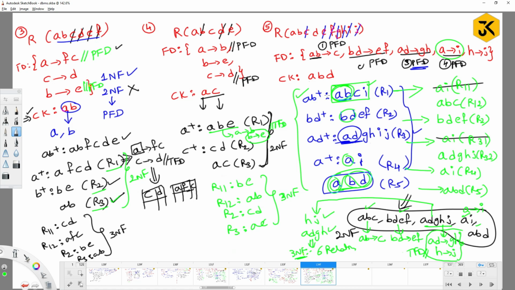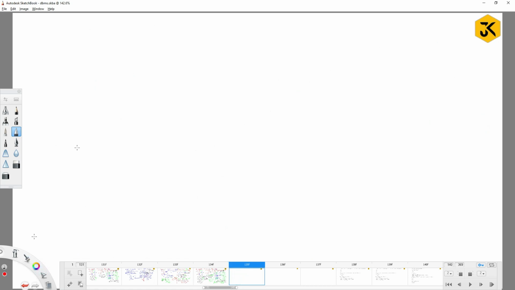This 3NF also cannot compete when you have more than one candidate key. When you have more than one candidate key, sometimes it may work, it may not work. That's why we are moving to one more kind of normal form, that is BCNF. We can simply call it Boyce-Codd Normal Form. Boyce and Codd, these are two scientists.